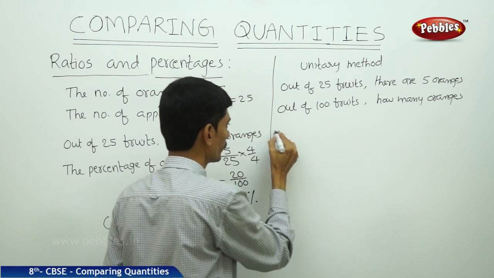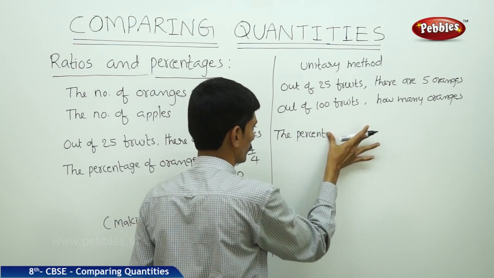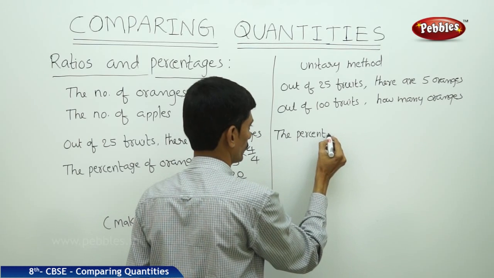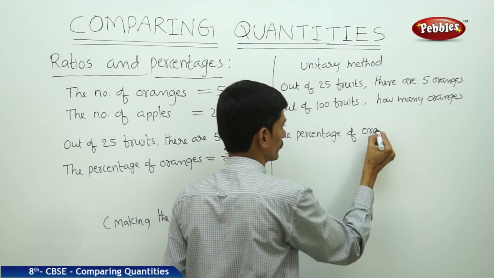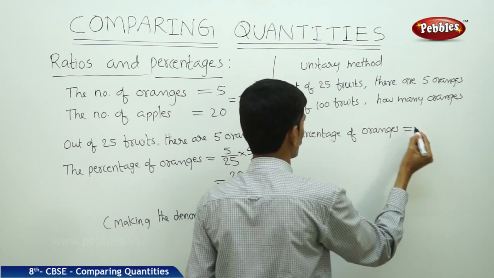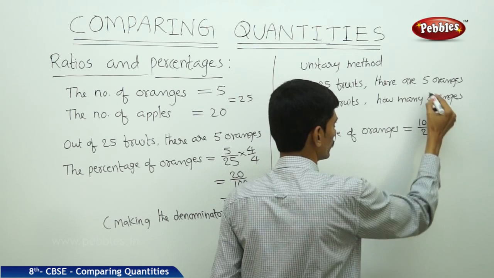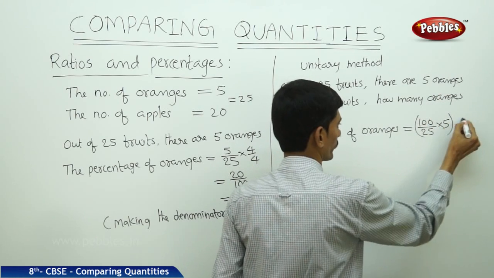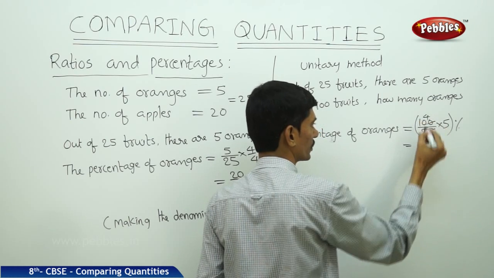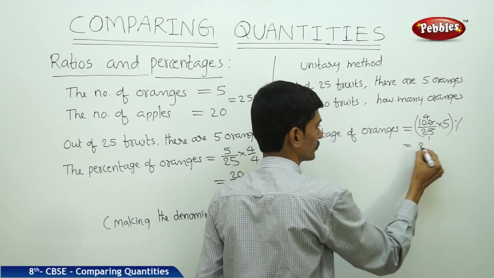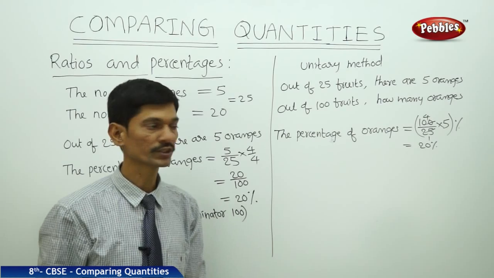So then we will get the percentage of oranges equals 100 by 25 into 5%. So this equals 25 ones are 25 and 25 fours are 100. So then 4 into 5 is 20%. So there are 20% of oranges in the fruits in the basket.